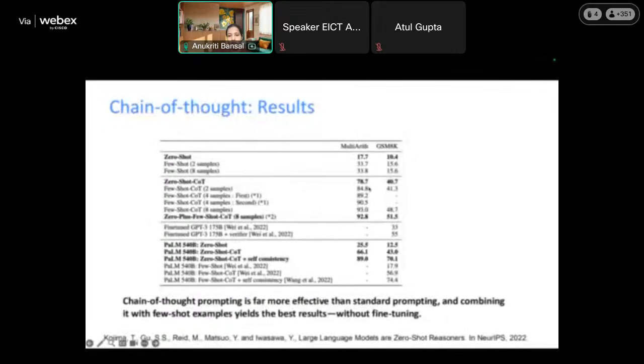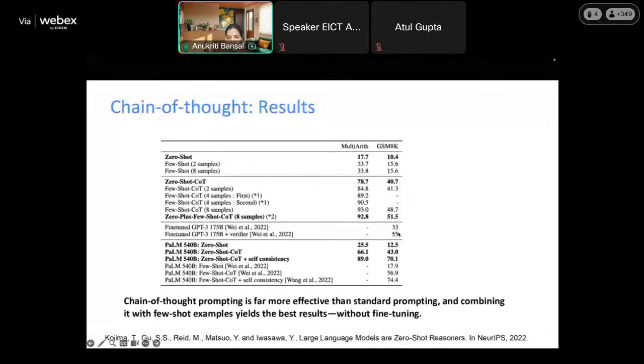So this is zero-shot chain of thought prompting, but if you have added few examples, the results have improved a lot. Okay. And we were talking about fine-tuning, where the gradients of the model also get changed, but you will see that with few-shot examples and chain of thought prompting, the results are comparable or even better as compared to this fine-tuned model as well.